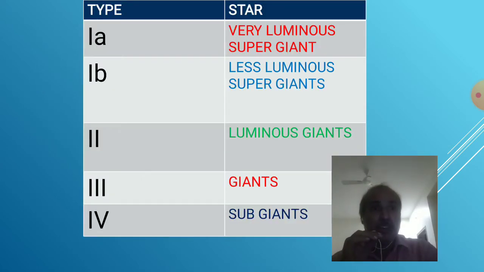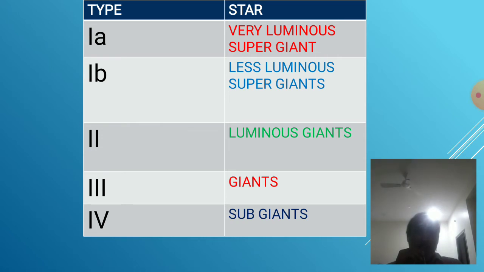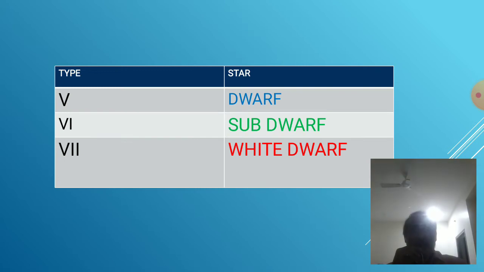So type and star, let's see here. IA very luminous supergiants, IB less luminous supergiants, second luminous giants, third giants, fourth subgiants, fifth dwarfs, sixth subdwarfs, seventh white dwarfs.